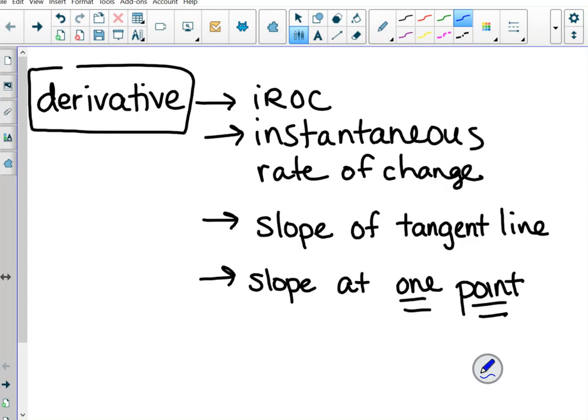We call the measurement of that rate of change the derivative. We've looked at two different limit calculations that will yield a derivative function. If you use them one way, they'll yield a derivative value. If you use them another way, a derivative function.